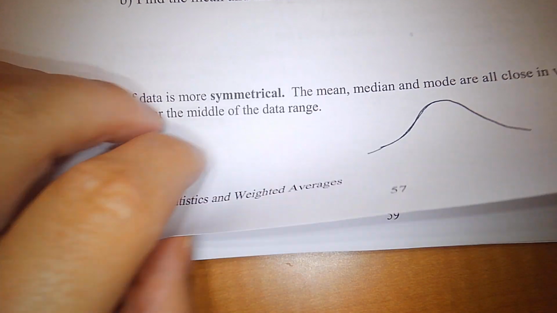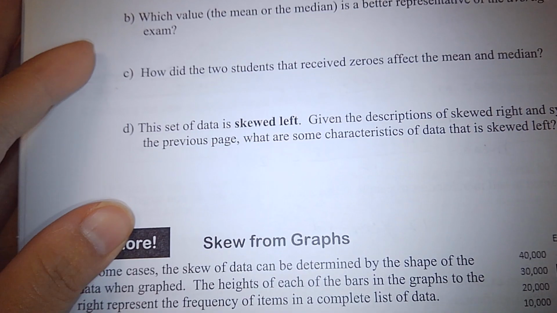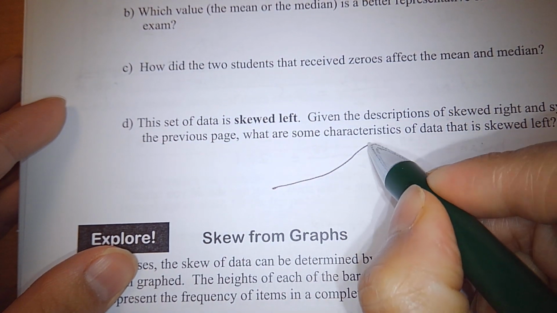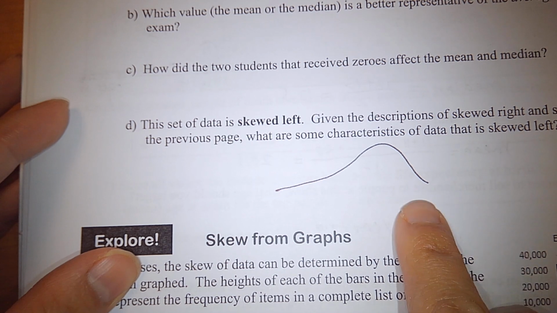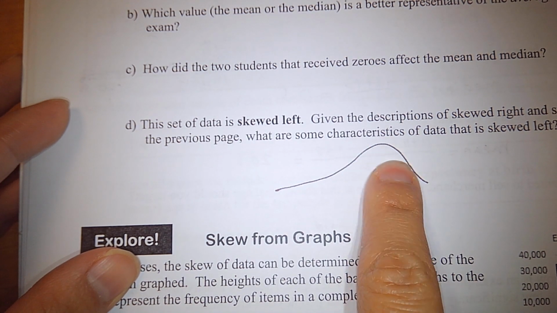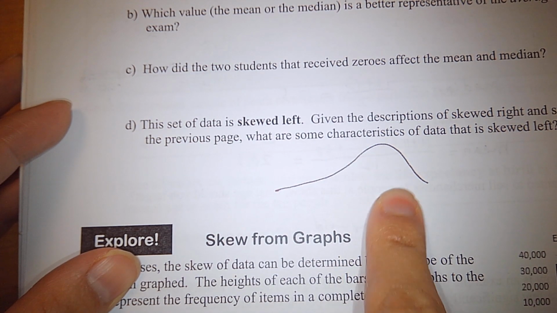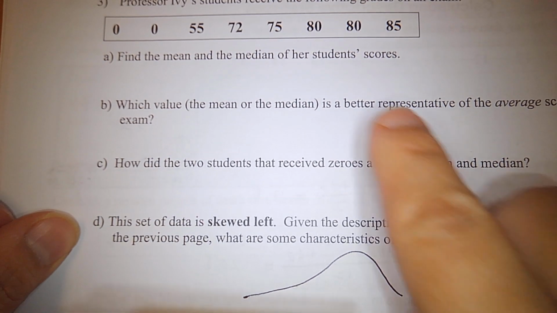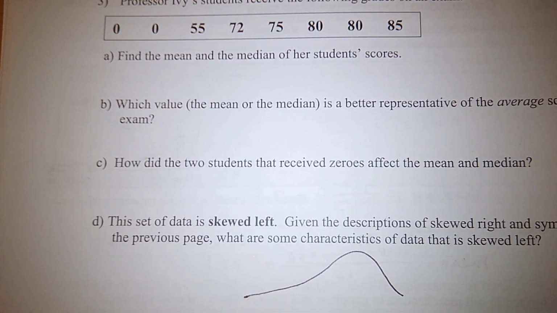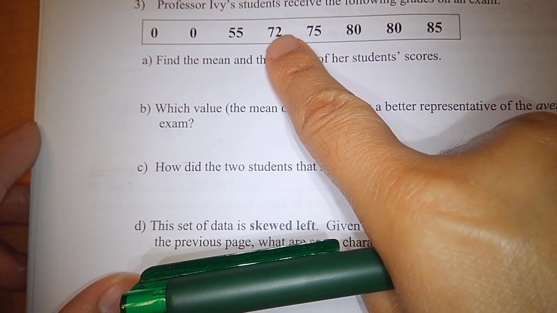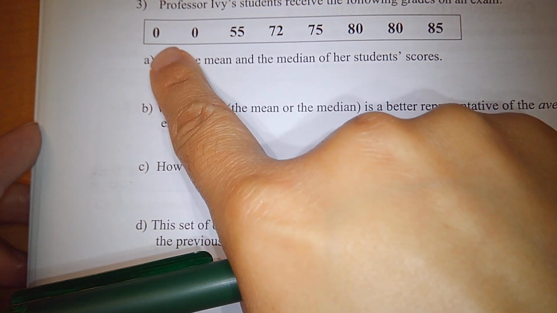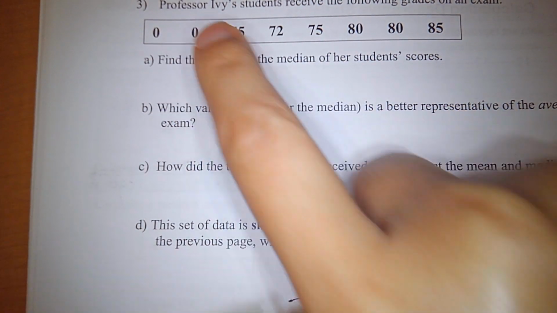And how about skew left? Skew left means, if we draw the picture, the list of data looks like this. That means there are a lot of data values on the bigger side. See this list of data, can you see? Most of them are on the bigger side and there are very few smaller values.